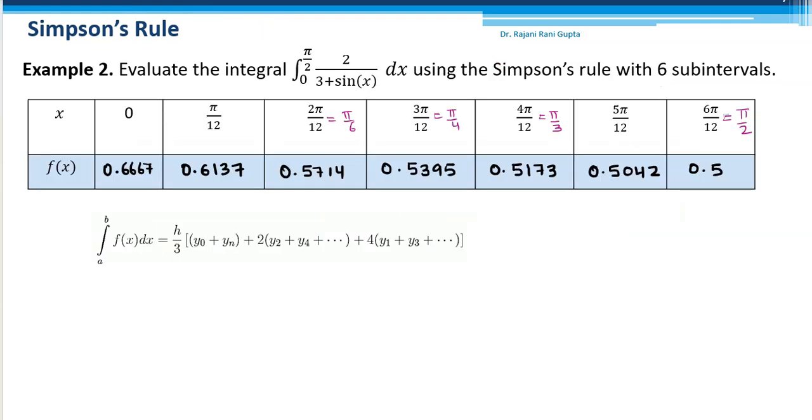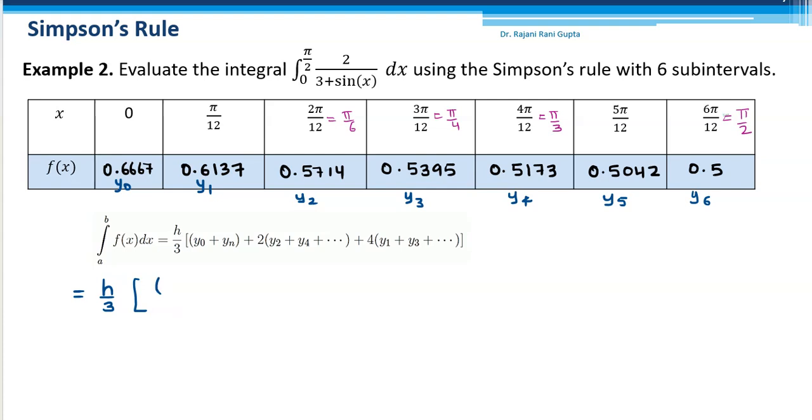Now let's see what this rule takes as the form with your values. So we have this table. Here we have y0, y1, y2, y3, y4, y5 and y6. Again, in this rule also all the values should be used only once. None of the values should be repeated. So in our case it becomes h over 3.